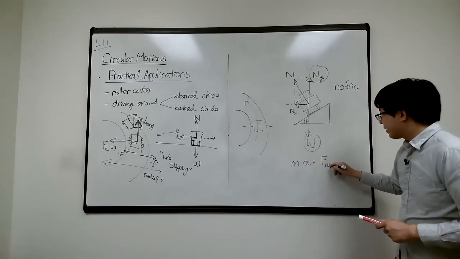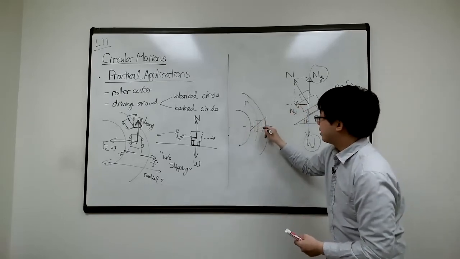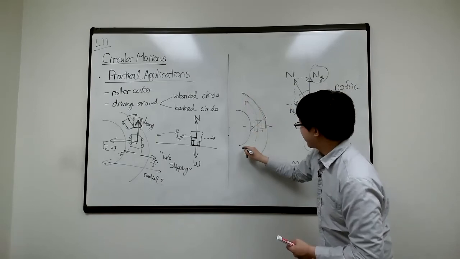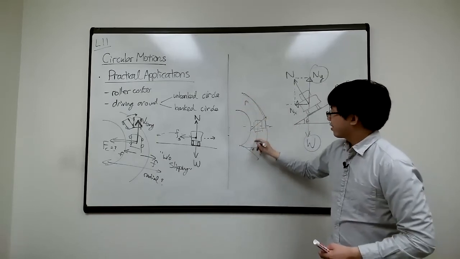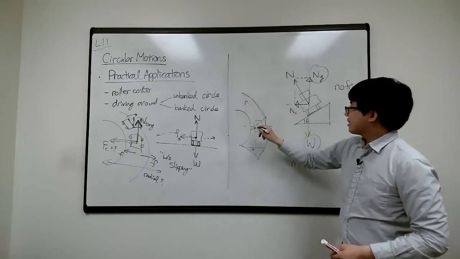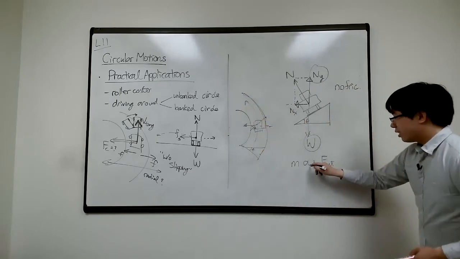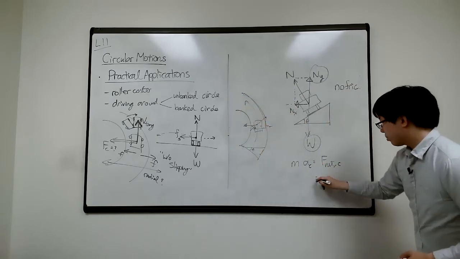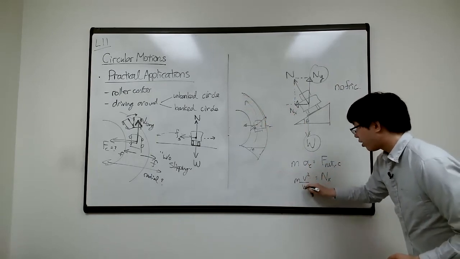But that is precisely pointing towards the center, right? That's the bank. It's hard to draw like this, right? So it's going around like this, right? So the nx is the force that is actually causing it to go in a circle, right? So the centripetal acceleration is caused by nx. So this is v squared over r.